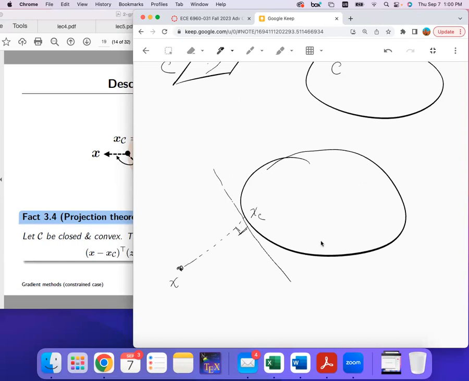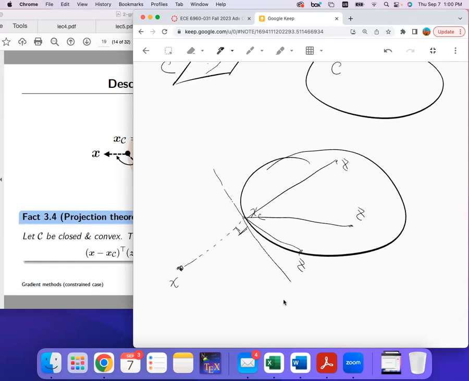So whatever arbitrary z you pick, this will always form an angle that is bigger than 90 degrees. Because this is the boundary case, this is the tangent line that forms a 90 degree perpendicular.